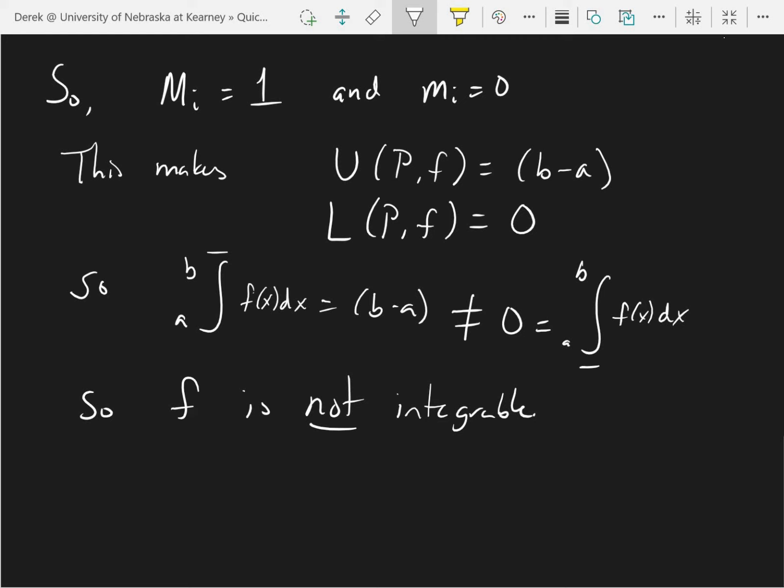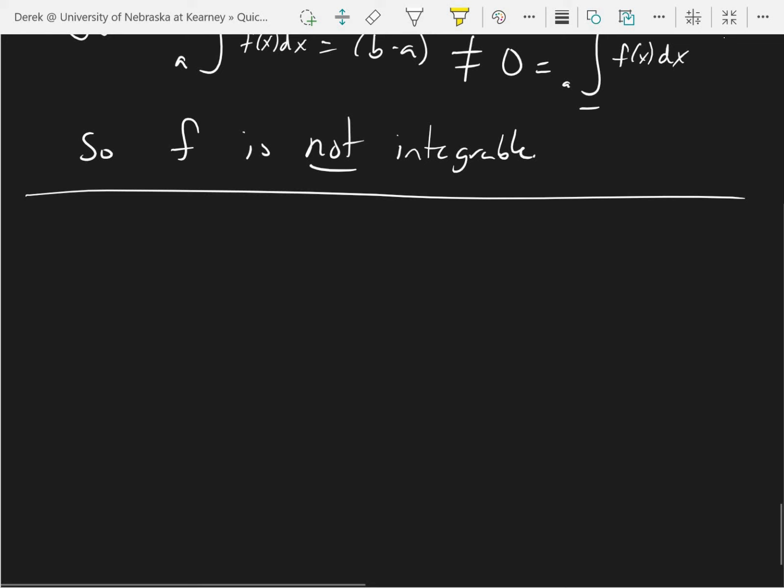But if it's discontinuous sort of everywhere like this, we have some issues. Okay, so I need to do a little bit more topology, but we're going to see that if f is a continuous function on a closed interval, it's going to be integrable. In the next video I'm going to talk about uniform continuity so that we can prove that theorem.